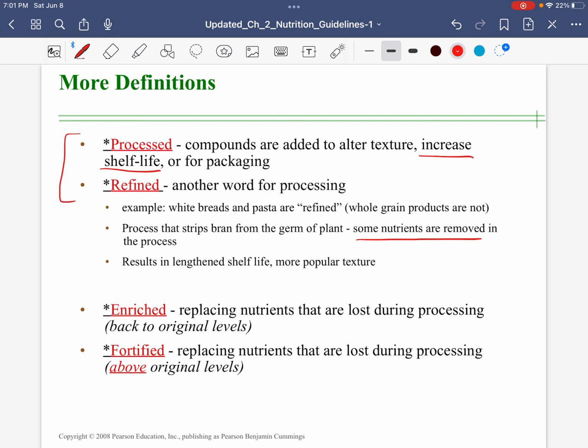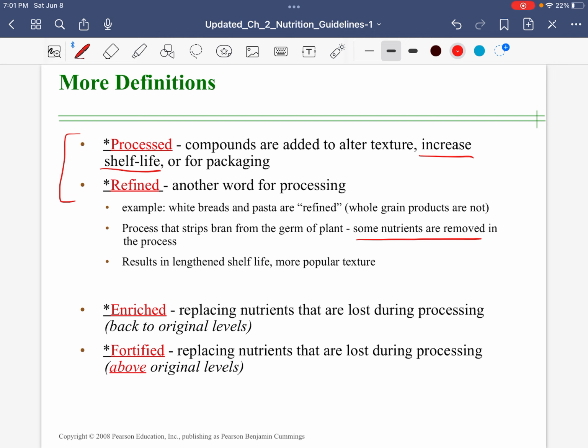Because in that process of processing it, some nutrients are lost, and we're adding crappy chemicals. So for our purposes, just know that these two go together. Processed and refined. It means processed. Some nutrients are lost along the way. Chemicals are added to increase shelf life.